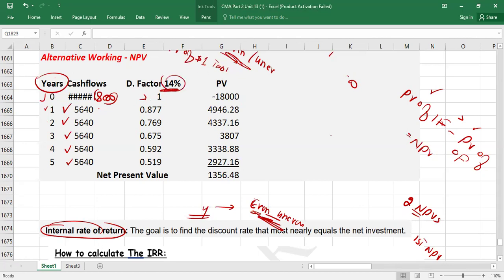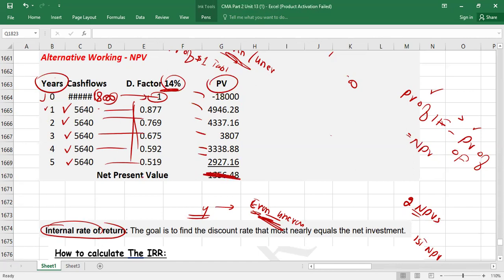In year 0 the present value factor is always 1. From year 1 to 5 we'll take the factors from the present value of $1 table. Then we multiply these values together, and we got the present values column.